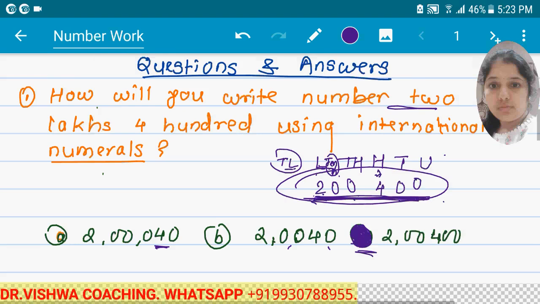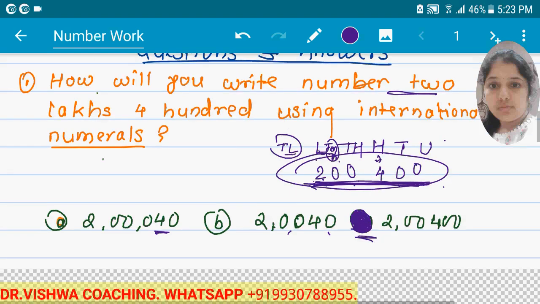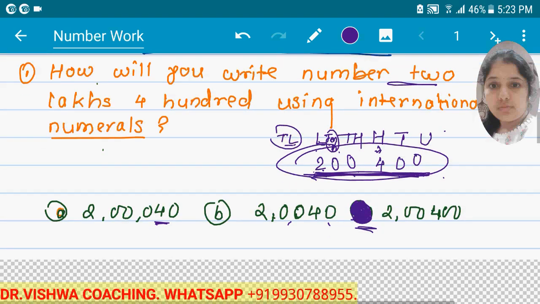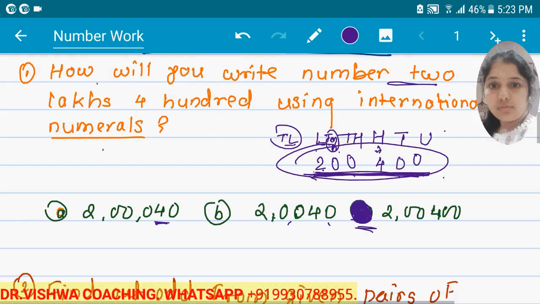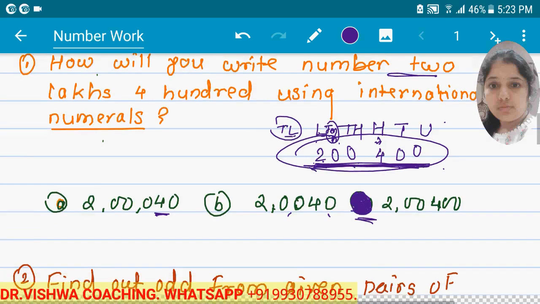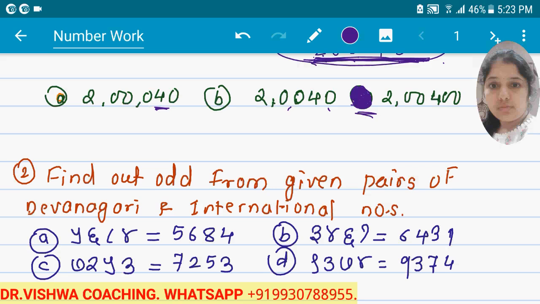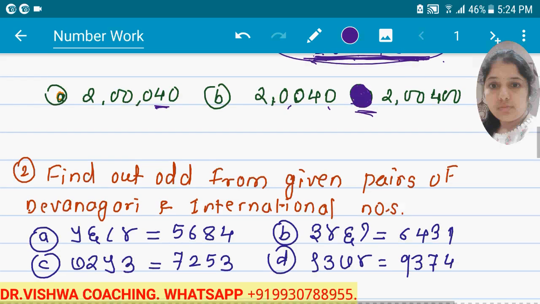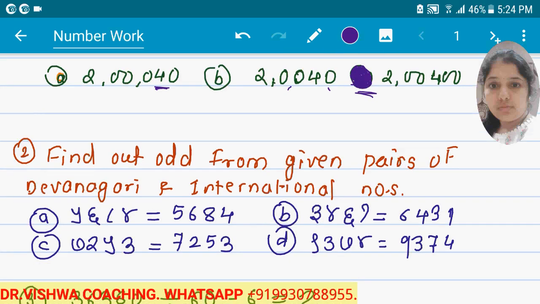Now the second type of question. I have taken different formats in which questions are asked. There are 3-4 similar questions like this, where a number is given in words and you have to find the correct number in digits.